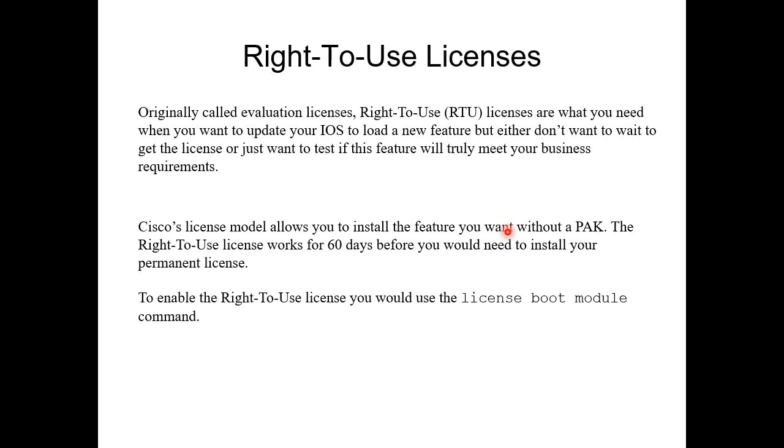The right to use license works for 60 days before you need to install the permanent license. So in order to enable this, you want to use the license boot module command. And this is especially helpful if you're trying to do stuff in Packet Tracer and you want to turn on a particular module and what have you.